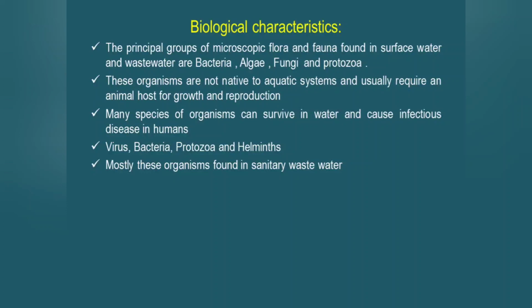Normally these organisms are not native to the aquatic environment, but usually require an animal host for their growth and reproduction. Many species of organisms can survive in this water for a long time, and they are able to cause infectious disease to human beings.